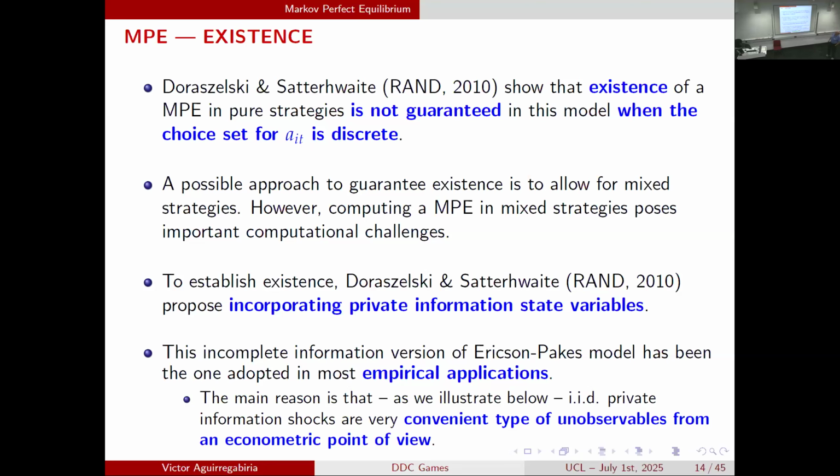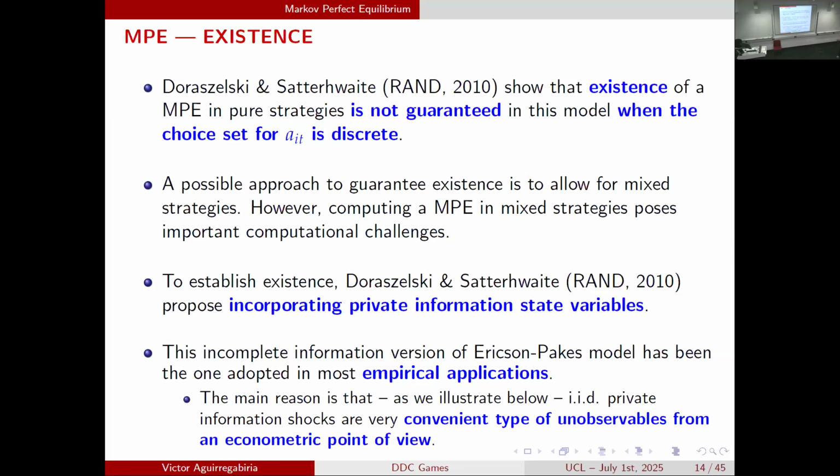In a paper in Econometrica 2010, Doraszelski and Satterthwaite showed that, contrary to what Ericson and Pakes claimed in the RAND paper, there may not be an equilibrium in this type of model with complete information. Doraszelski and Satterthwaite showed that with complete information, there are relatively simple and realistic examples where this model, with discrete choices, does not have an equilibrium.